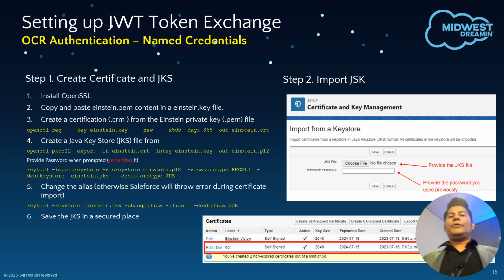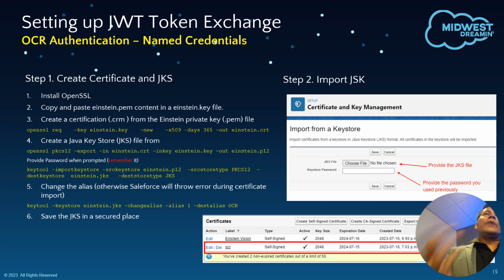In Salesforce Setup, if you go to certificate and key management, there are three different ways to create a certificate. The first one is the Salesforce certificate that you can automatically create. Then there's a CSR certificate, which is very similar to any secured site, any SSL. And the third is that you can actually import a JKS to create a certificate.